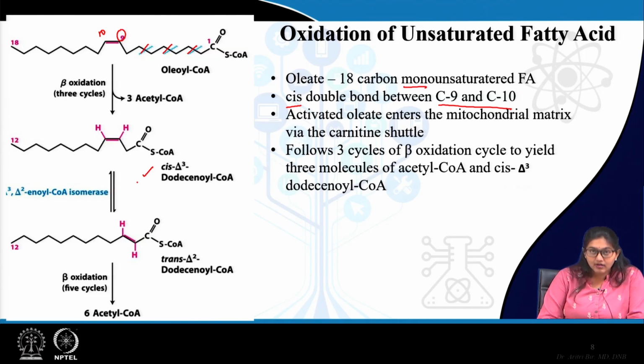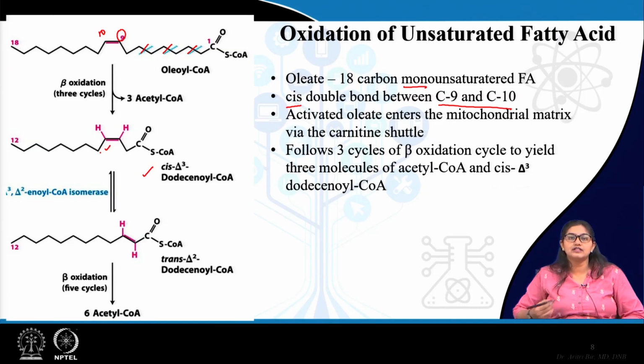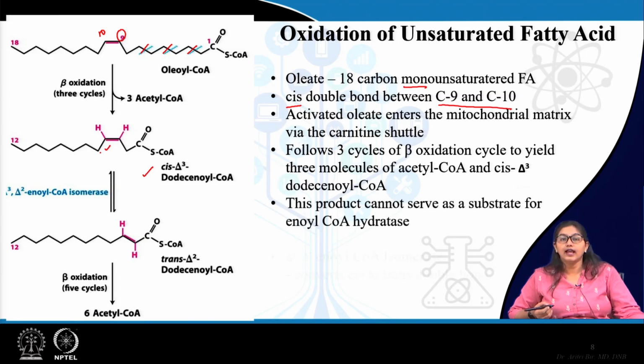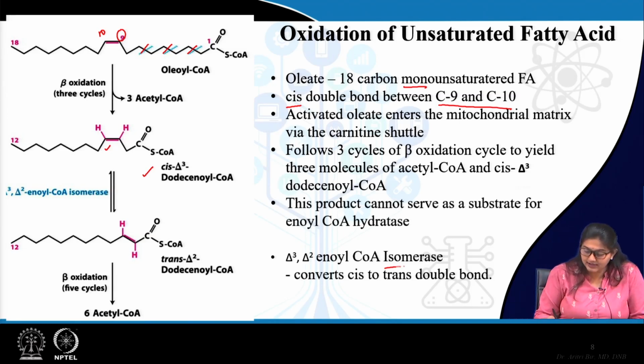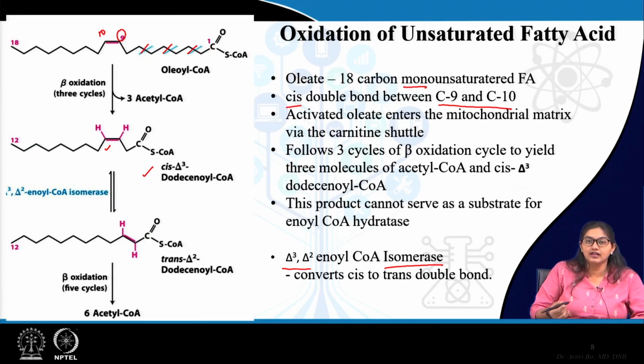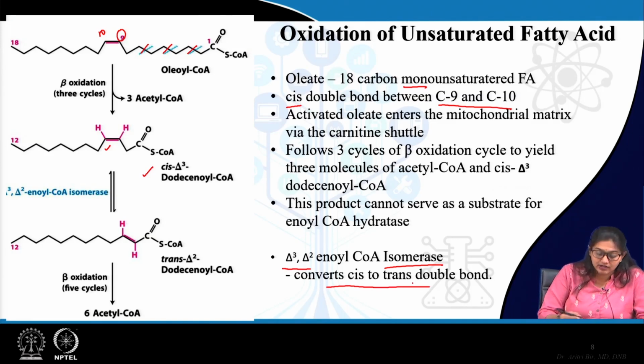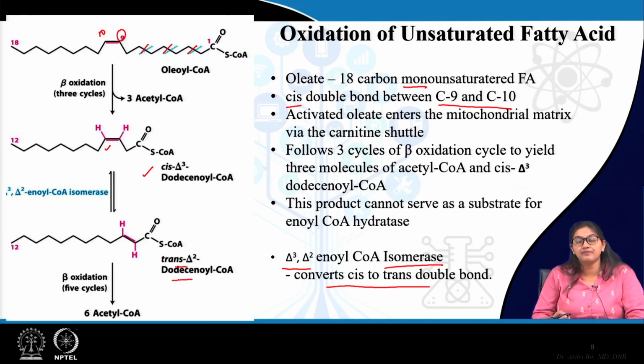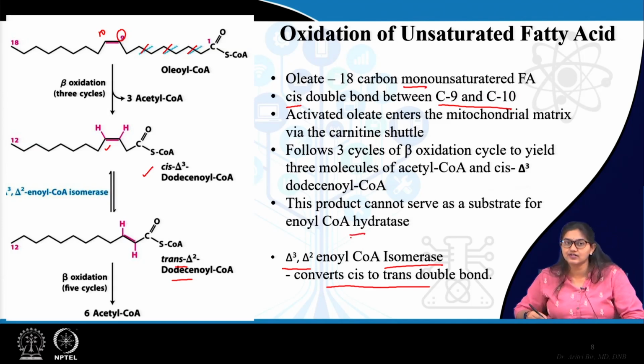What is the problem here? Here is the cis double bond which needs to be converted to trans. How? With the help of the enzyme isomerase, that is delta 3, delta 2 enoyl coenzyme A isomerase. This enzyme is important because it converts the cis double bond to a trans double bond. Now, once there is formation of trans delta 2 dodecenoyl coenzyme A, it can be acted upon by the hydratase and follow further beta oxidation steps.